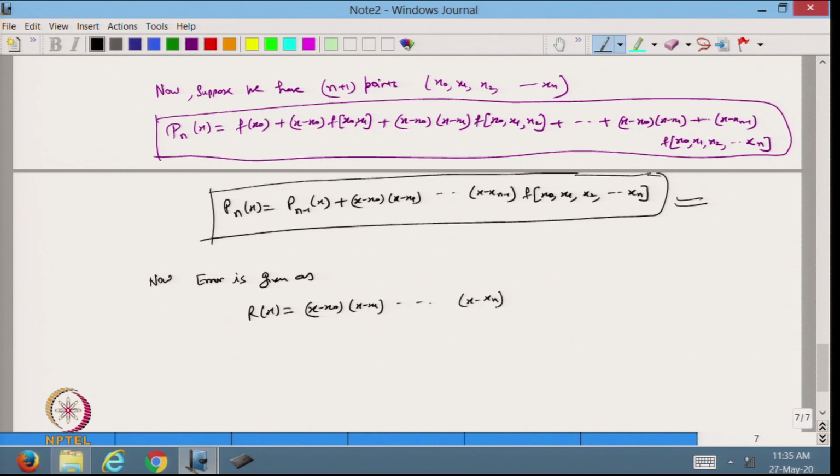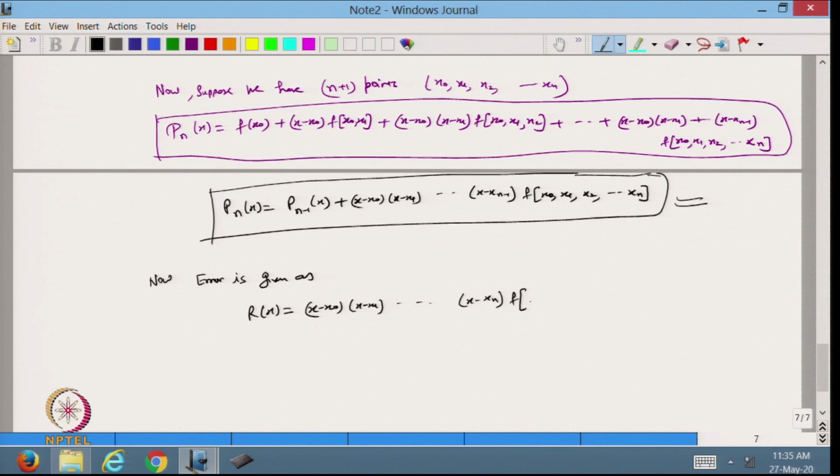That is already there, but in this case it is multiplied by the divided difference, that is x, x0, x1 up to xn.